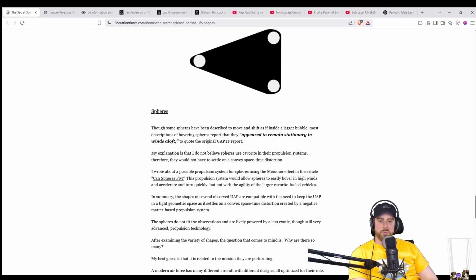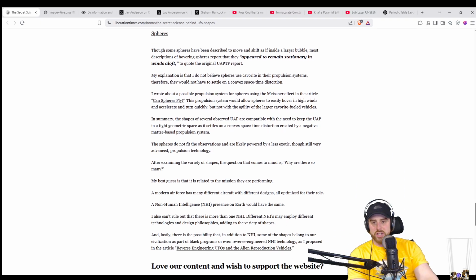I wrote about a possible propulsion system for spheres using the Meissner effect in the article Can Spheres Fly? This propulsion system would allow spheres to easily hover in high winds and accelerate and turn quickly, but not with the agility of the larger cavorite-fueled vehicles. In summary, the shapes of several observed UAP are compatible with the need to keep the UAP in tight geometric space as it settles on a convex space-time distortion created by a negative matter-based propulsion system.